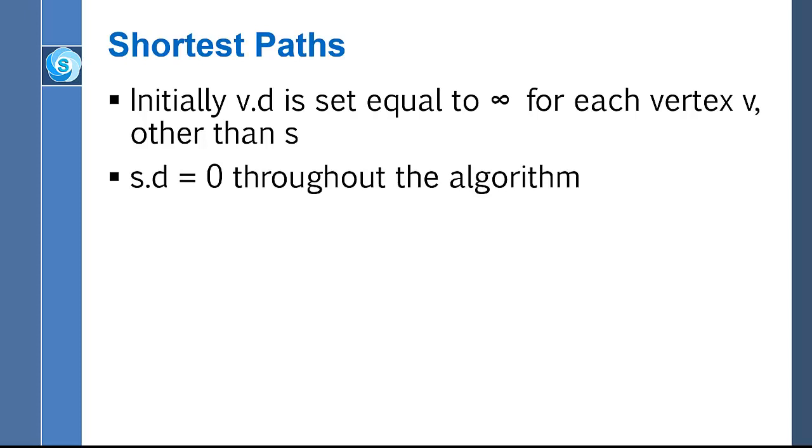The notation is admittedly a little bit awkward, but somewhat standard. But for every other vertex, v.d is infinity, because in the beginning, we don't know any way to get from S to v.